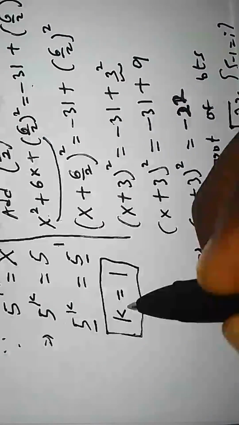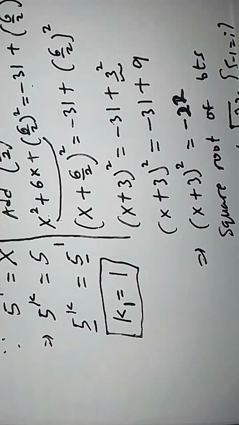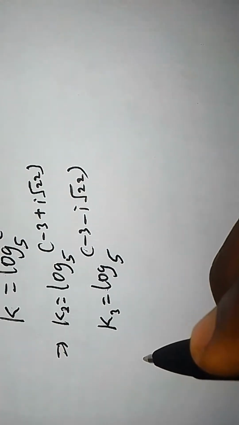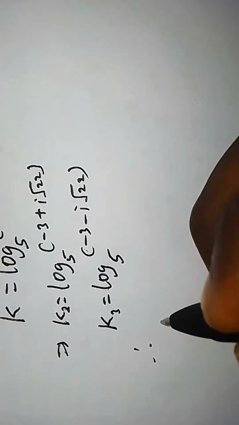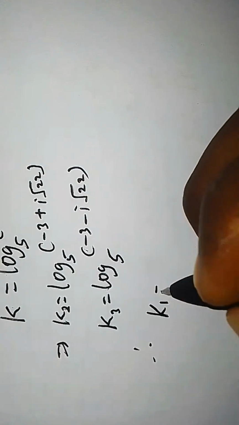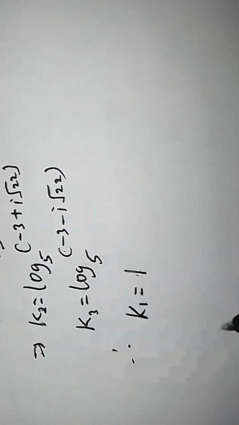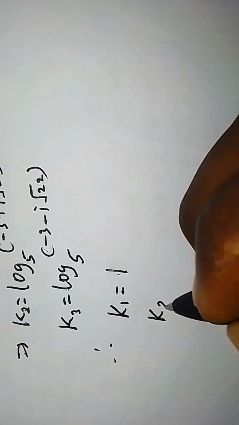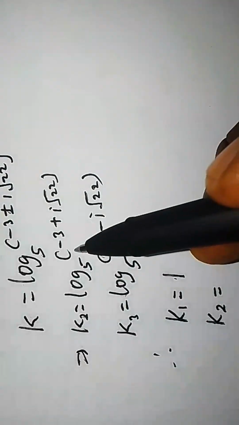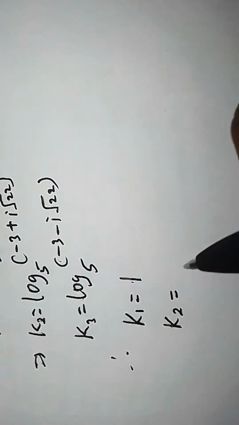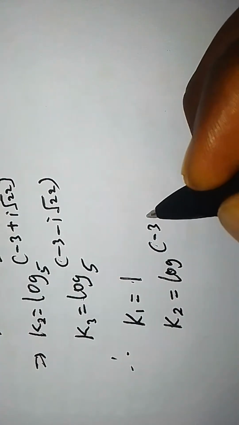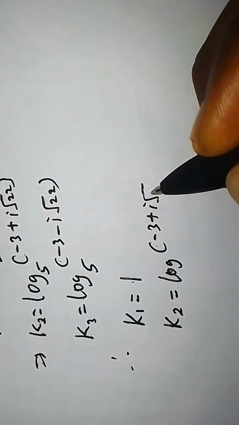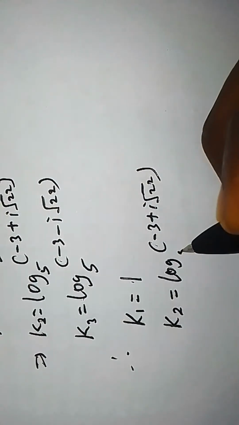k is equal to 1, one solution. So therefore, all the solutions that we have for this exponential equation are: the first one, k1 = 1. The second solution, k2 = log of -3 + i√22 base 5.